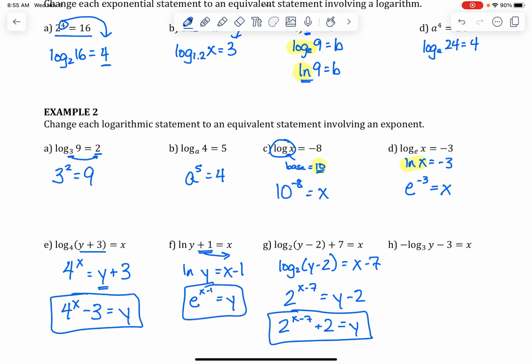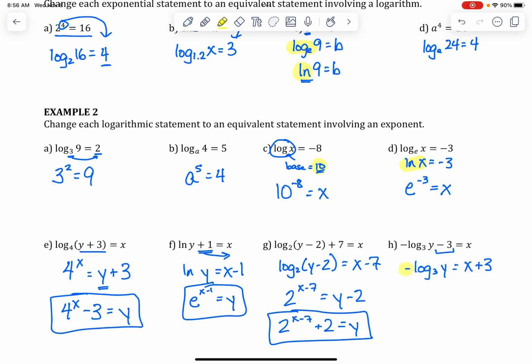And then finally, we have a little negative, which sort of throws a little loop into things. So we're going to take the same idea, where we're going to bring this negative 3. It's not in parentheses, so move that over. We'll worry about the negative in just a second. So x plus 3. And now we can divide by a negative 1. So think of this as a negative 1 in front of the log.